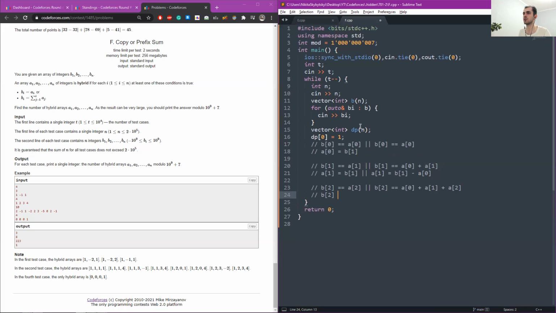Here you either get B2 equal to A2, or A2 is equal to B2 minus A0 minus A1. This prefix sum may or may not equal B1. What are the options in terms of B's? Let's focus on this.